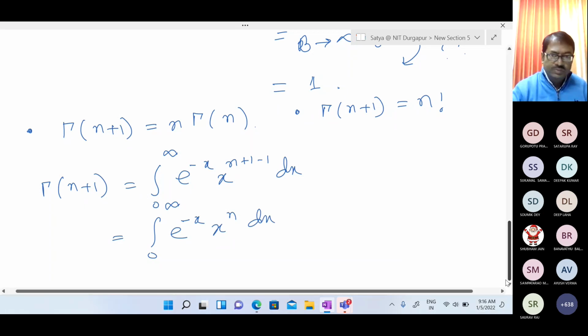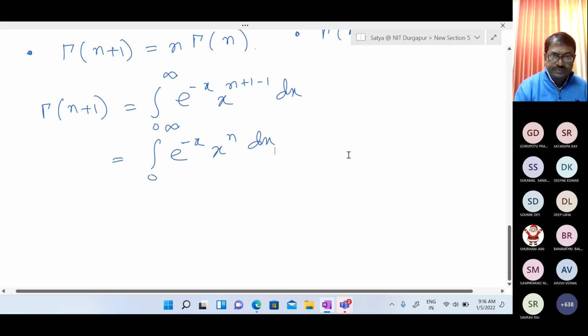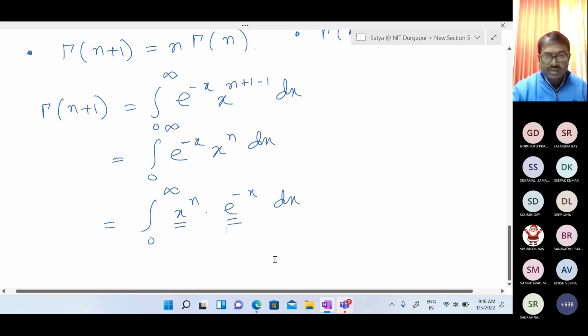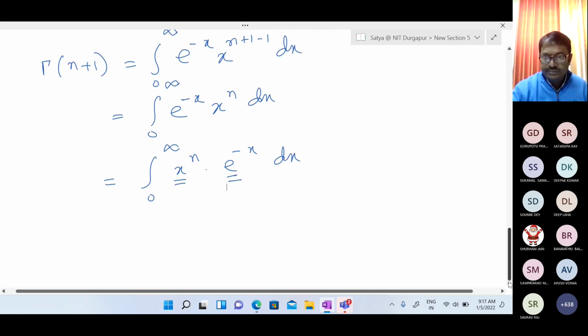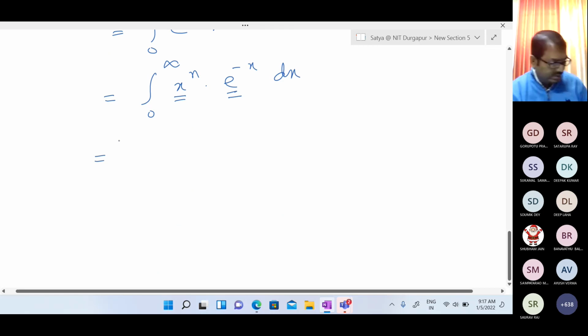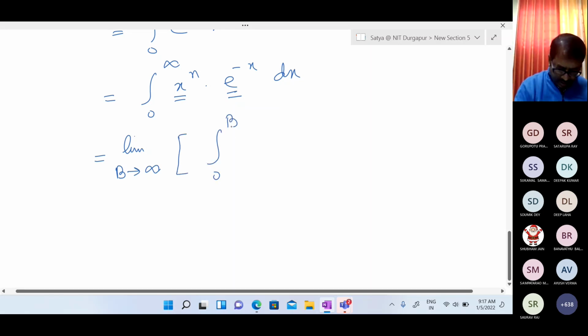Now this we do by parts, first function, second function. Since it is an improper integral with an infinite limit, we take the limit as v tends to infinity of the integration over 0 to v of x to the power n e to the power minus x dx.